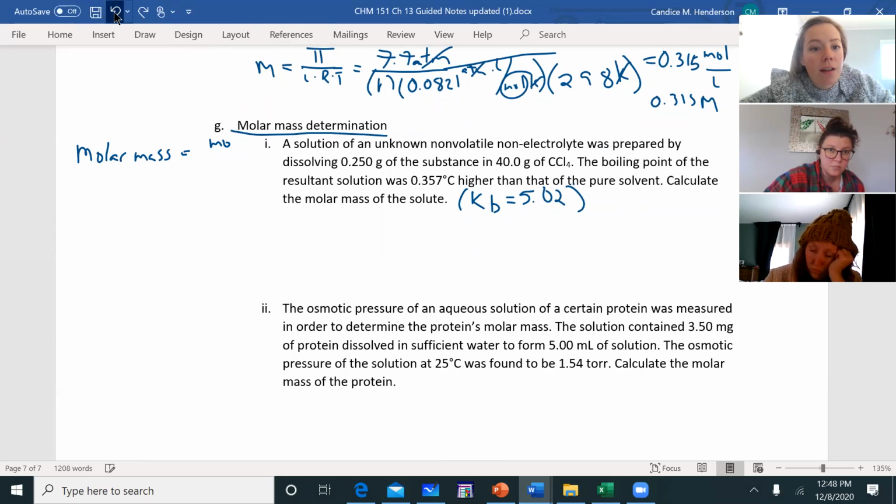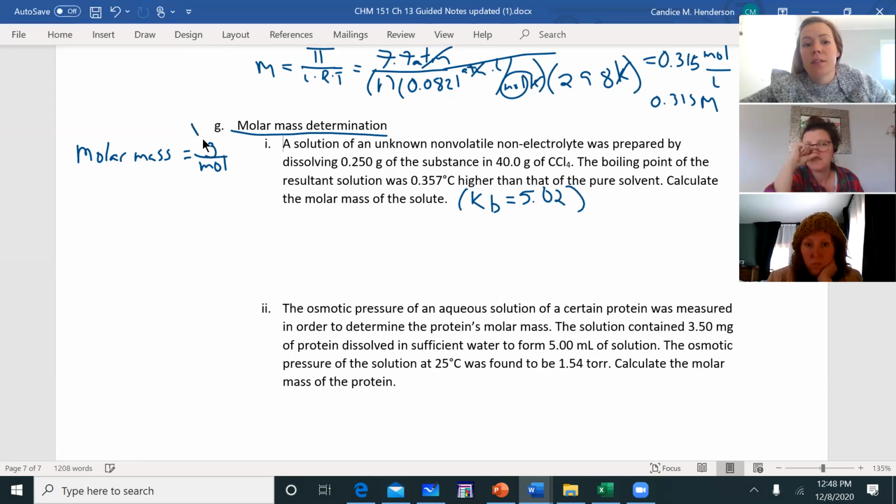I don't know why. So molar mass is equal to grams per mole. So in a lot of these problems, you'll be given like one of these and you got to figure out the other one. Usually you're given the grams and you need to somehow find the moles.